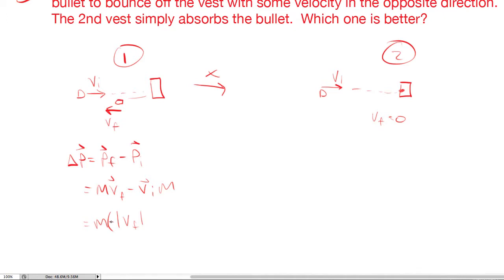So I'm multiplying m times the negative, that's the direction of my velocity, and then I'm subtracting off the magnitude of the initial velocity. Right? I just factored out an m here, and then I have vf, but the magnitude of vf is going to the left. So that's my sign, that's my direction. vi is going to the right, but this negative sign comes from me taking the difference. All right? So I'm being consistent with the sign. So then what I'm left with here is just the mass.